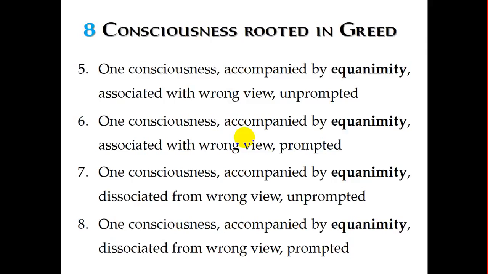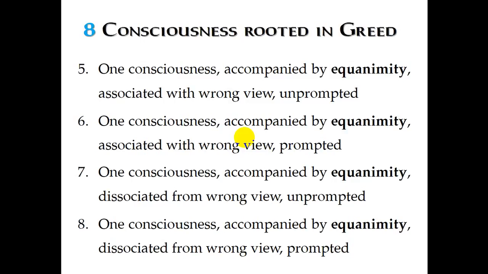This one, number 5, is together with wrong view, so it is called the third unprompted citta, with 80 middle factors. We have to exclude joy. You got it? Okay.